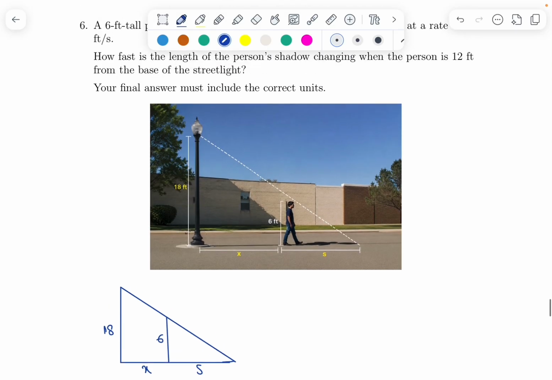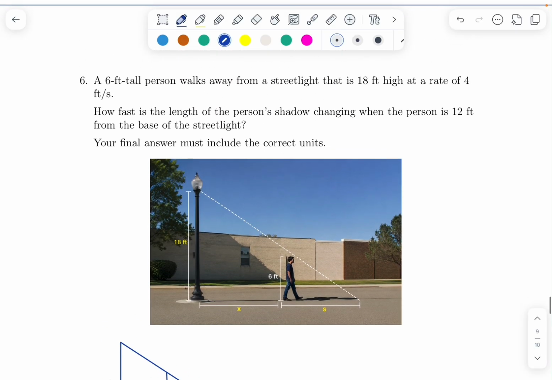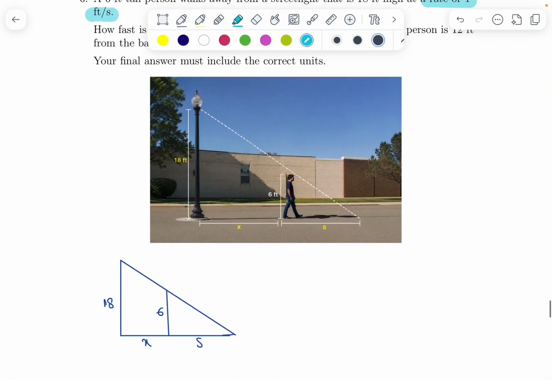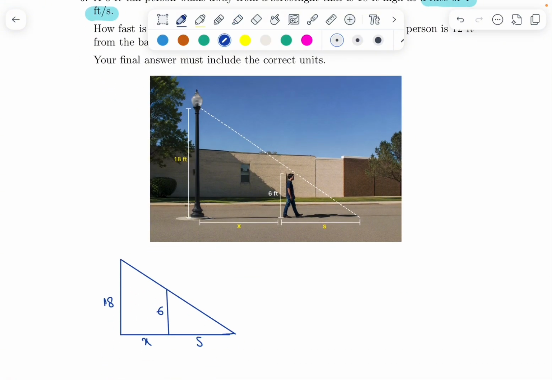So, the question says, as a person walks away from a street light, its rate of change would be 4 feet per second. So, that means the rate of change of x would be 4 feet per second. Therefore, we have this information from the problem: dx/dt would be 4 feet per second.